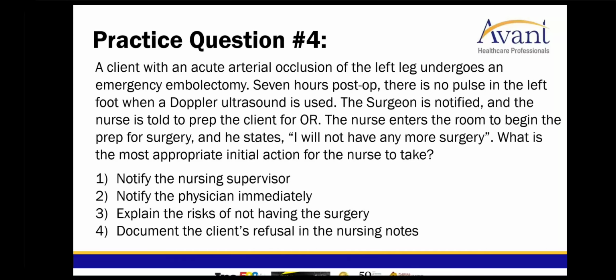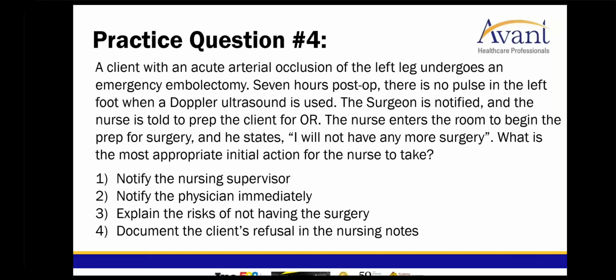All right, you're back. So, a client with an acute arterial occlusion of the left leg undergoes an emergency embolectomy. 7 hours post-op, there is no pulse on the left foot when a Doppler ultrasound is used. The surgeon is notified and the nurse is told to prep the client for OR. The nurse enters the room to begin prep for surgery and he states, "I will not have any more surgery." What is the most appropriate initial action for the nurse to take?